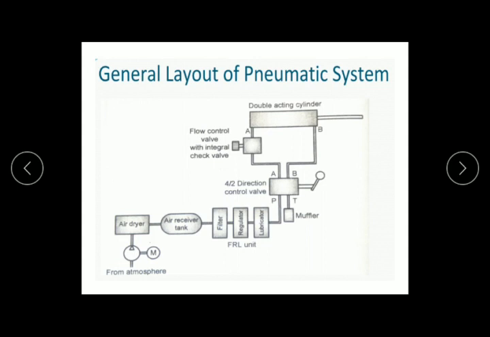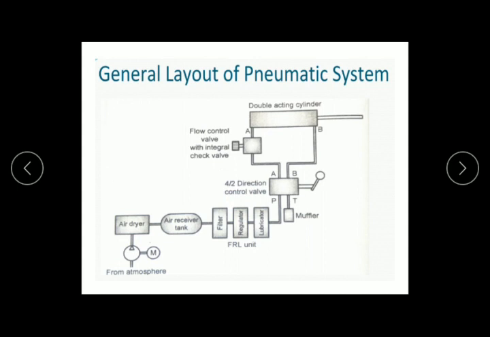Then the air is passed through one unit. That unit is known as the FRL unit. FRL stands for filter, regulator and lubricator. The purpose of the filter is to remove any air contamination particles. Then the regulator: its purpose is to maintain a constant pressure of the air, as air is compressible.